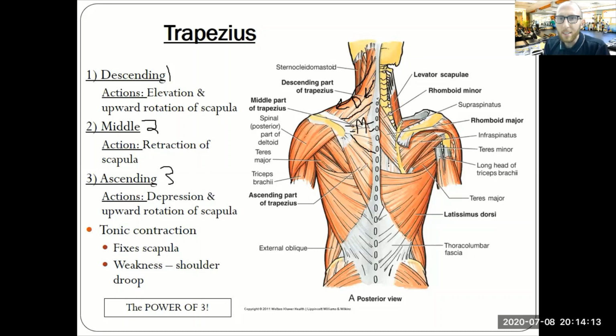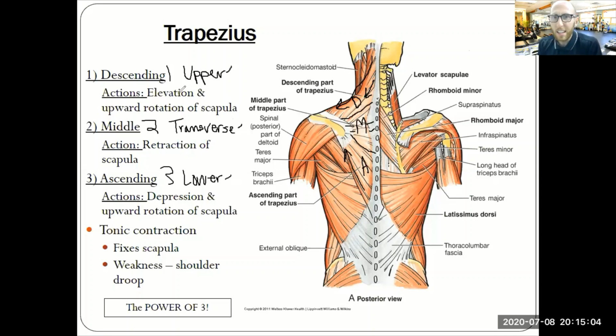And then ascending, you guessed it, we're going up. So ascending, middle, descending, those are the 3 divisions of the trapezius. And not to further complicate things, but there are also other names for these: the upper fibers, the transverse fibers, and the lower fibers as well.